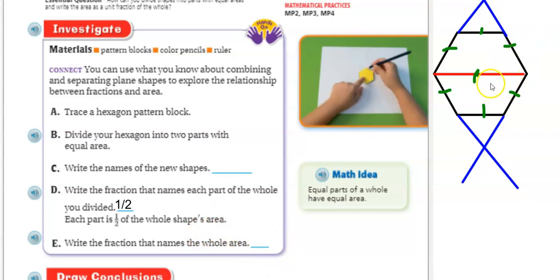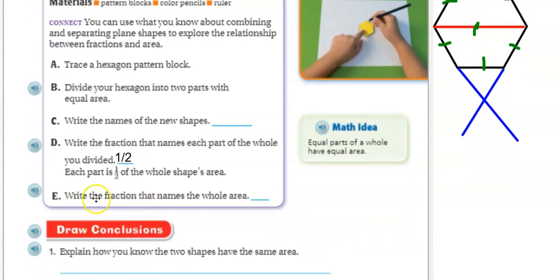So remember, area is everything inside, which we're going to learn a lot about in chapter 11. So don't get discouraged if you're not thinking about area and what it means yet. You will, don't worry. And then it says, write the fraction that names the whole area.